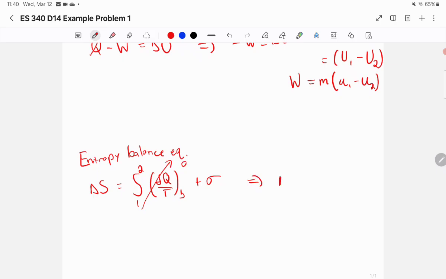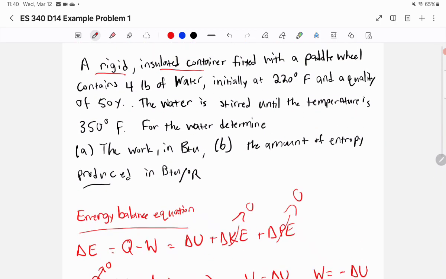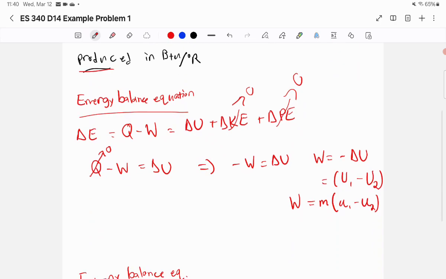So our delta S, capital S here, is equal to sigma. Okay, so we'll be able to find sigma, which is the entropy produced, by finding the change in entropy here.